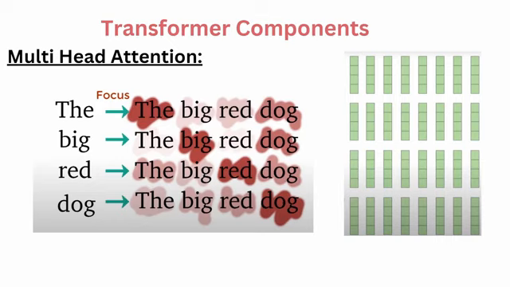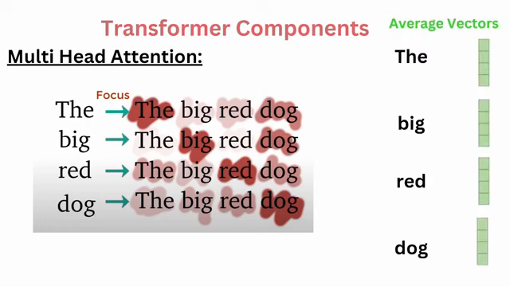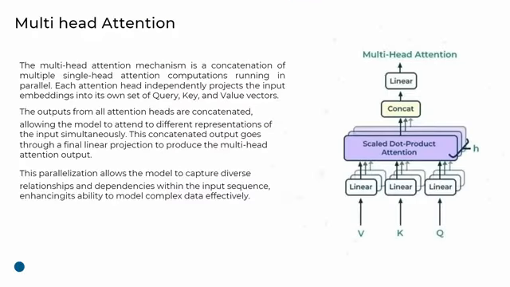After each head has computed its attention, the results are concatenated together and passed through a final linear layer. This process combines the diverse insights from each head into a unified representation that carries richer information than any single attention mechanism could. That was the main objective of using multi-head attention.